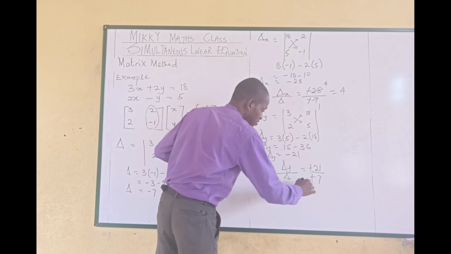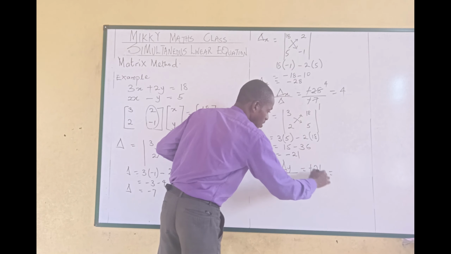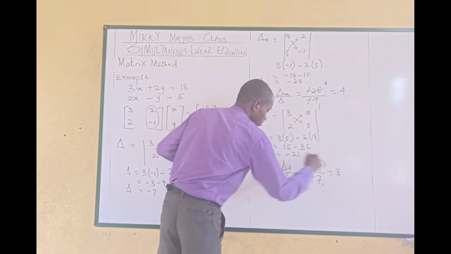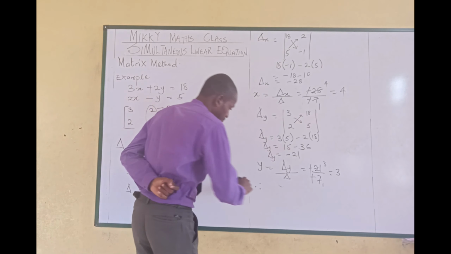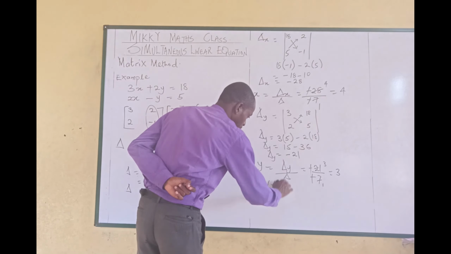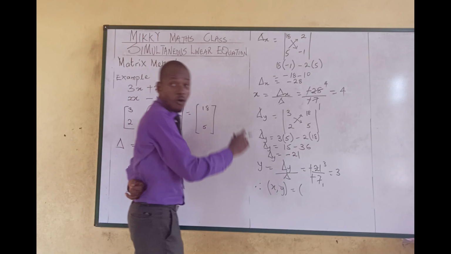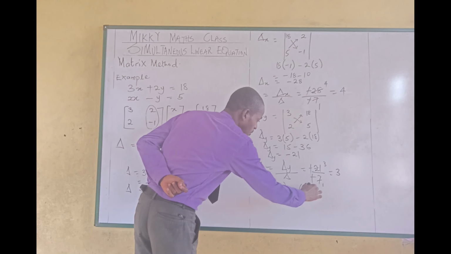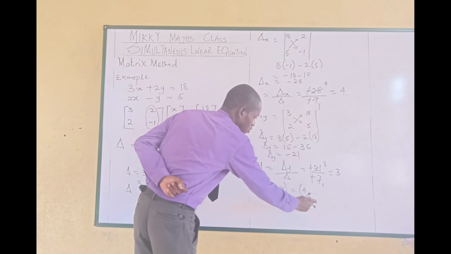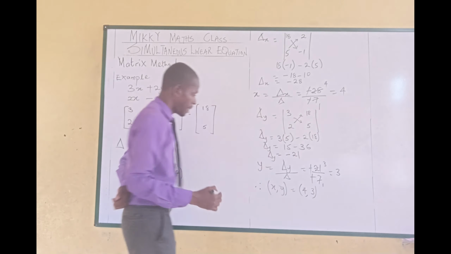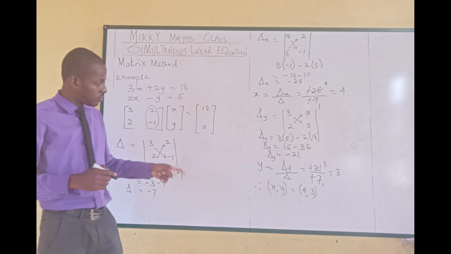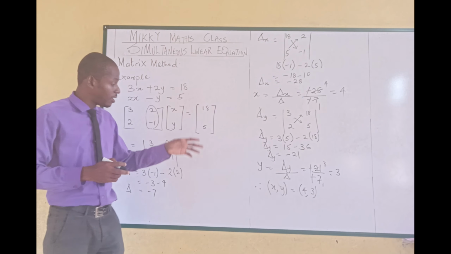Negative will cancel negative, so 21 divided by 7 gives 3. Therefore, our x is equal to 4 and our y is equal to 3.